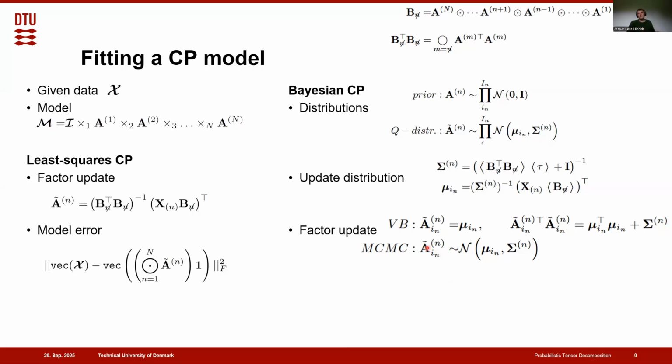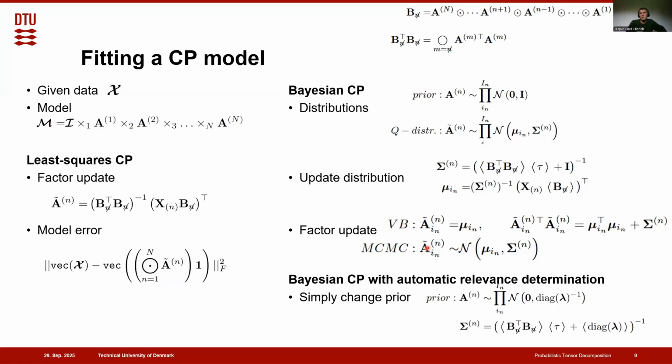Up until now, nothing really has been gained by using Bayesian inference. So I will say one of the things I find most nice in Bayesian inference, and it doesn't always work, but it works most of the time, and it generally improves the solutions, is to simply change this prior to what is called an automatic relevance determination prior.